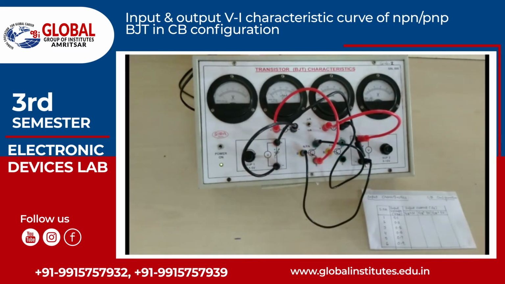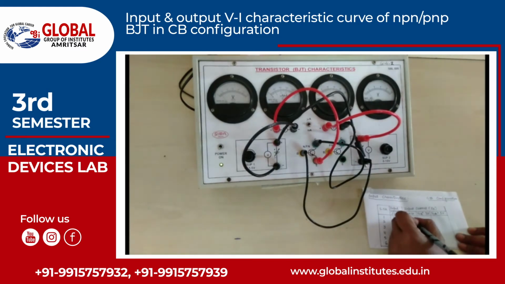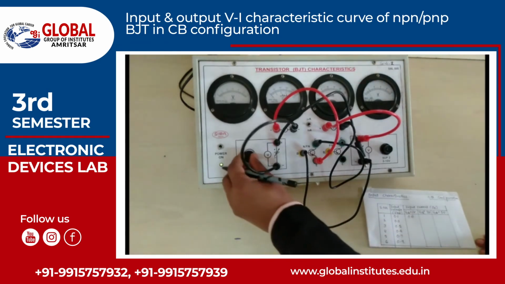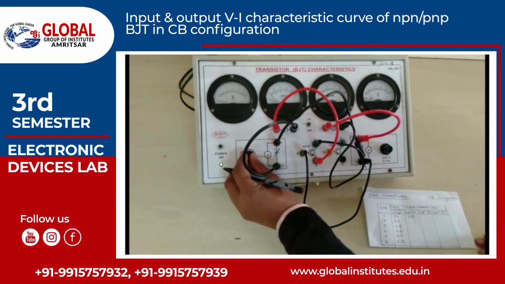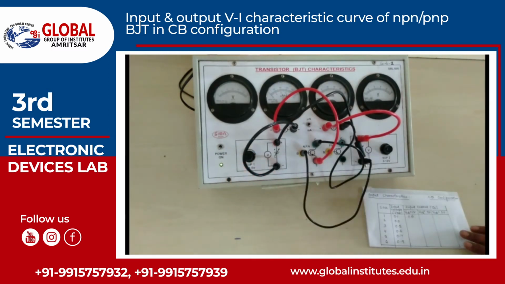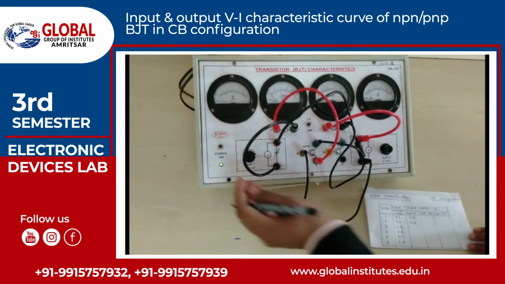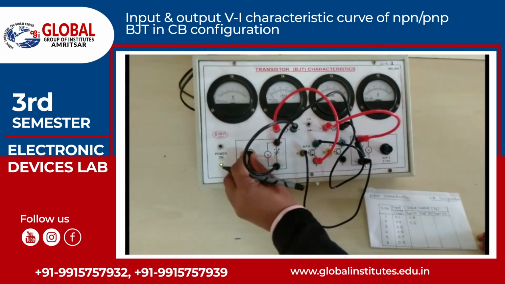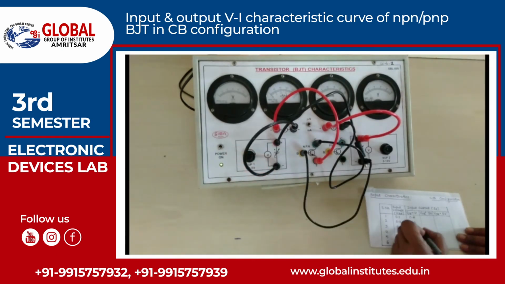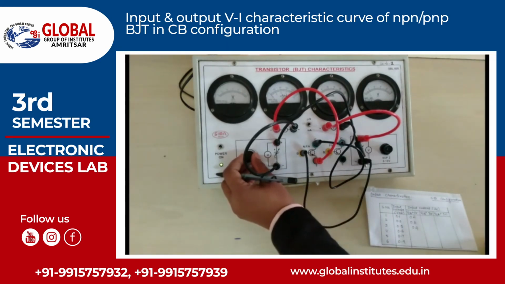So at 0.1 volt we are having no input current, so it is 0 ampere. Next, change the input voltage to 0.3 volt and check the input current. There is no current at 0.3 volt. Now again change the input voltage to 0.5 volt. At 0.5 volt there is no change in the current, it is 0 ampere.